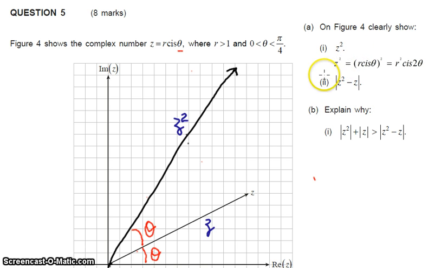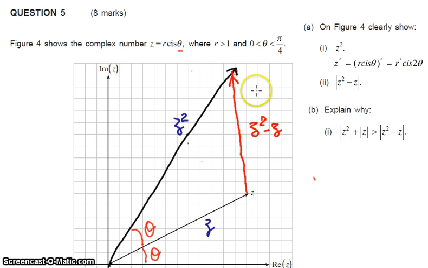Now let's move on to part 2, where you are asked to find the modulus of z squared minus z. To do that, we need to find the complex number z squared minus z. Now this gives you the complex number z squared minus z.